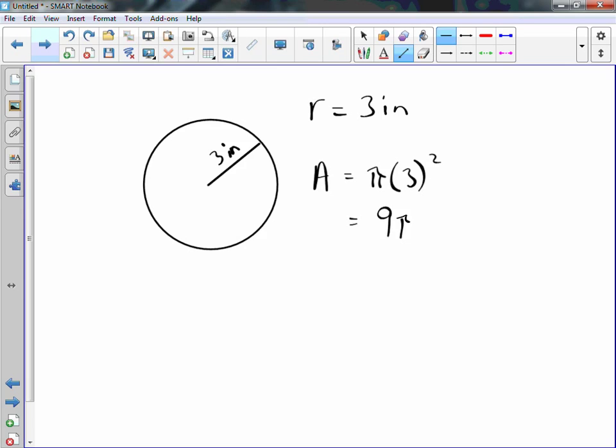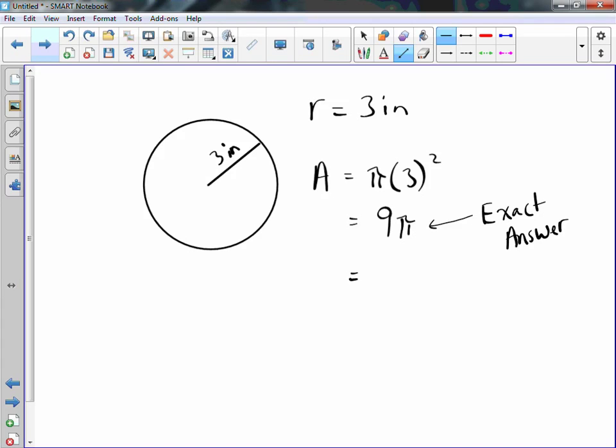And I'm just going to change which side of the pi symbol the 9 is on. Then I'll type this into my calculator. 9 pi is actually, a lot of people would prefer this answer. That's the exact answer. If we were looking for an exact answer, that would be the one.